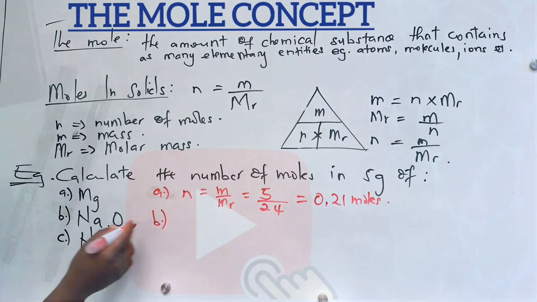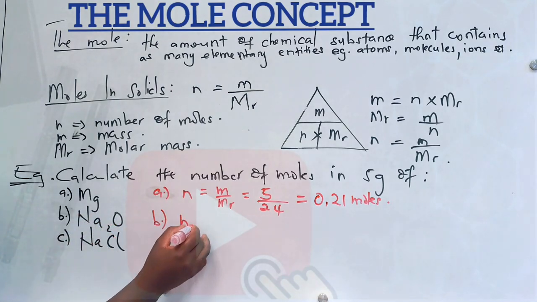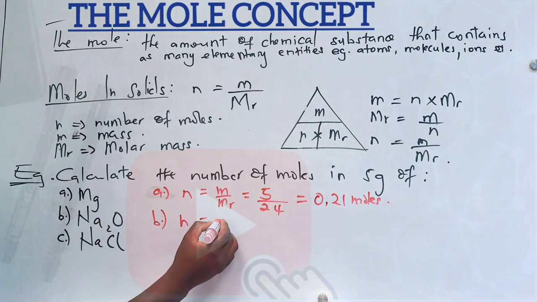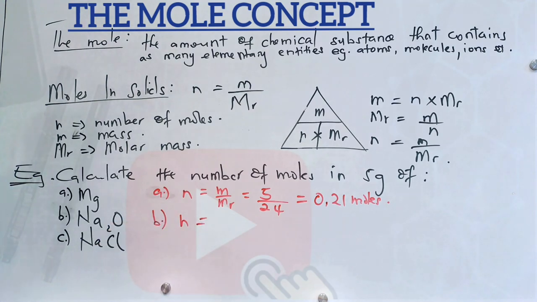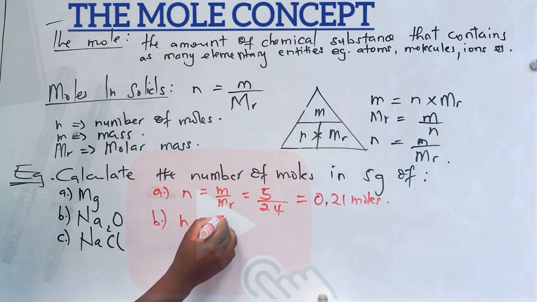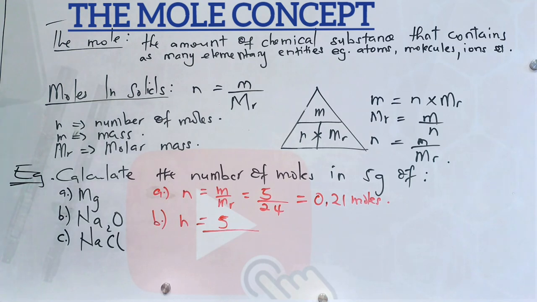Then B is sodium oxide. Number of moles of sodium oxide is equal to mass over Mr. Its mass is 5 grams, but we don't know its molecular mass. We have 2 atoms of sodium here.